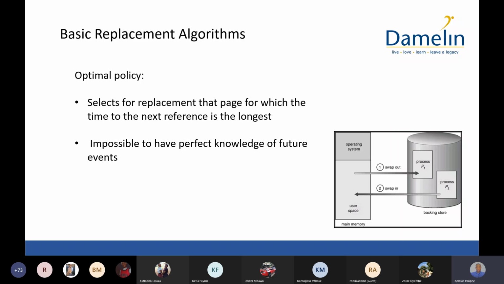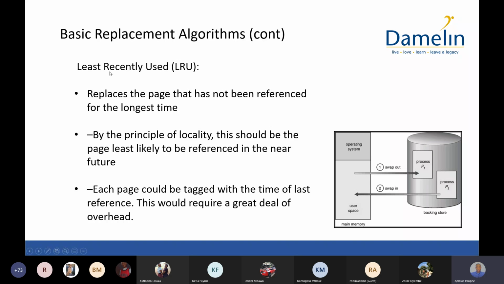So let's remove it. And it's saying, impossible to have perfect knowledge of future events. You can't perfectly predict that the person may not trigger or execute that same program again in the near future. So that's the one tricky thing about using this algorithm.